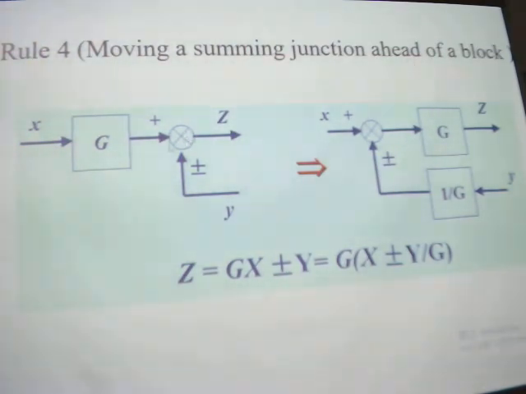You can see here is the block and this is the semi-junction. If you move this semi-junction forward to this block, then how do we change this to make the output the same? We should not change the output.